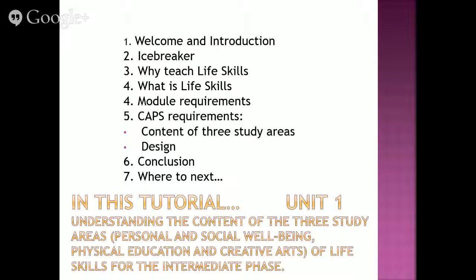We're going to look at the module requirements and in particular the first assignment, and we're going to look at the curriculum's requirements. What is the life skills curriculum designed around? What does it contain? And then we will engage in a concluding activity and look to where we go next.